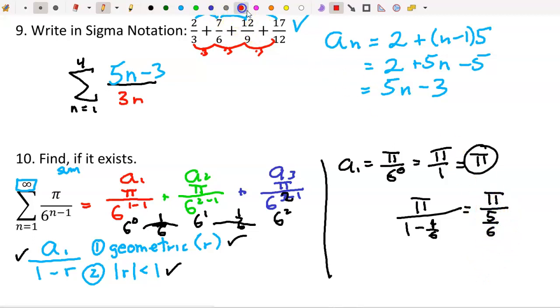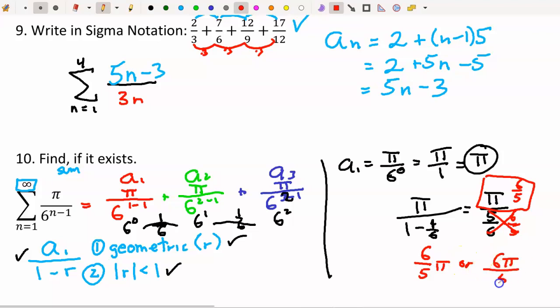And we can multiply top and bottom, and then we got pi times 6/5, so you can write that as 6/5 pi, or 6 pi over 5, same exact thing. So either one of those works. So yeah, if we do this an infinite amount of times, which is quite interesting, not just a million or a billion or a zillion, but forever, it just adds up to that little number right there.